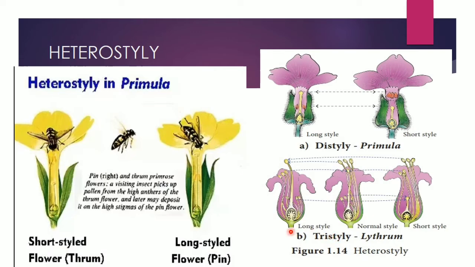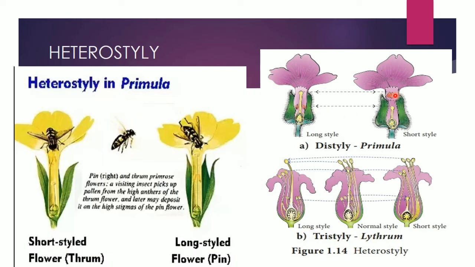So this way the length of the style varies, and that way it does not promote self-pollination. When the style is too long and the anther as well as stamens are shorter, naturally there is less chance of self-pollination.